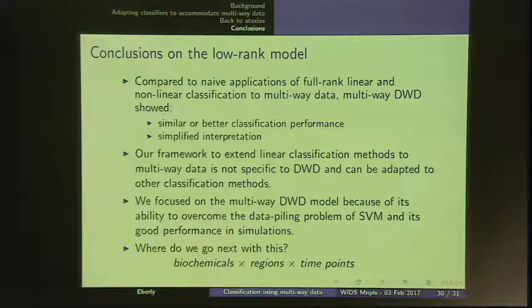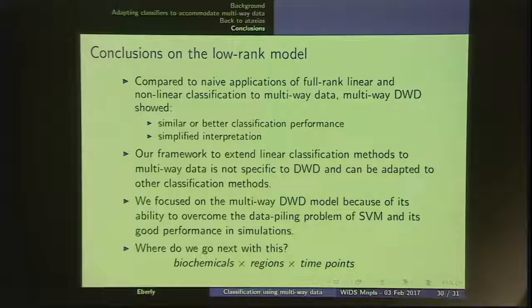So what do we conclude in general about this low-rank approach? So compared to naive applications of a full-rank model, linear or nonlinear, multi-way DWD showed similar or better classification performance and an easier interpretation in the context. Our framework to extend linear classification to multi-way data is not specific to DWD.